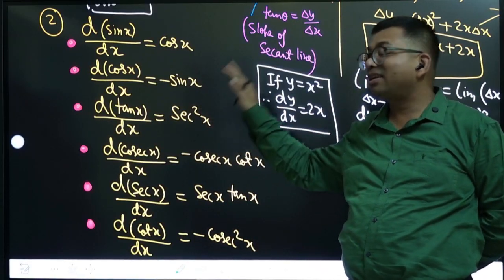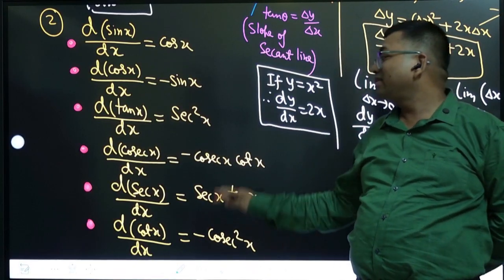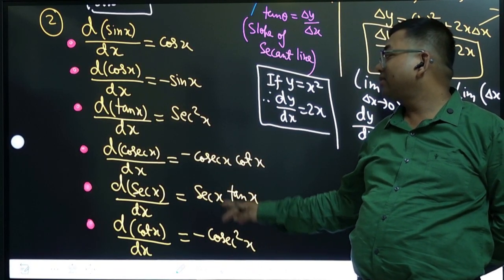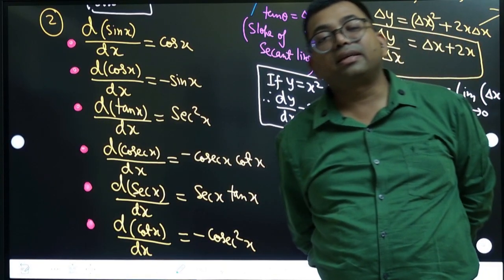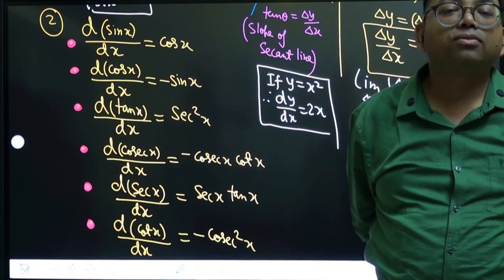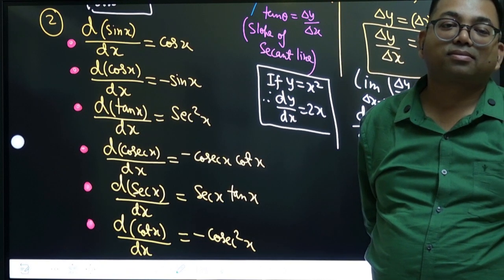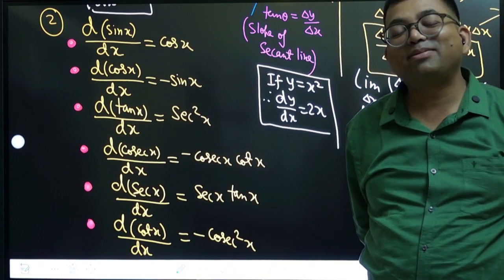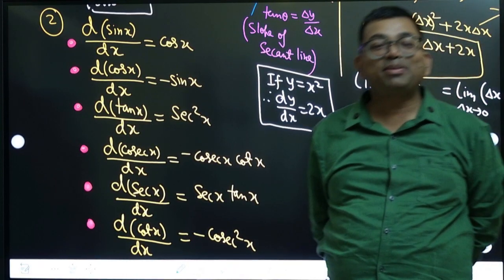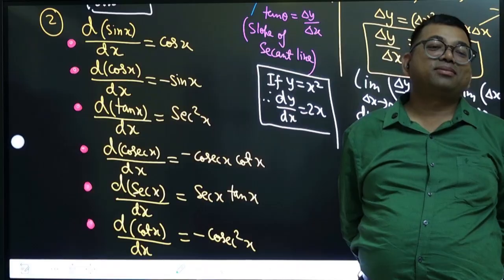Maybe sine, cos, tan we use in most of the questions in physics. Generally, these formulas secant x, cot x, cosecant don't come. So tell me, are these differentiation formulas correct? You also do not remember. You have to remember more than me because you have to use them in problems.